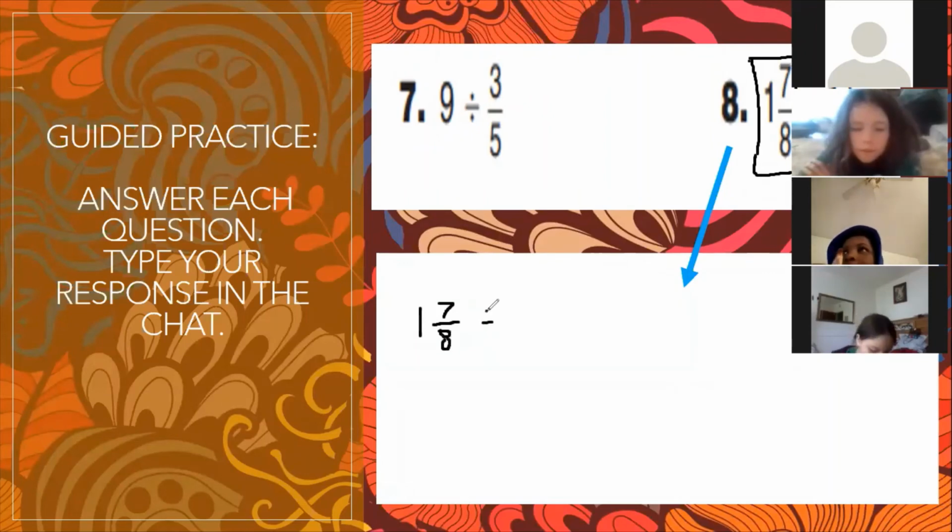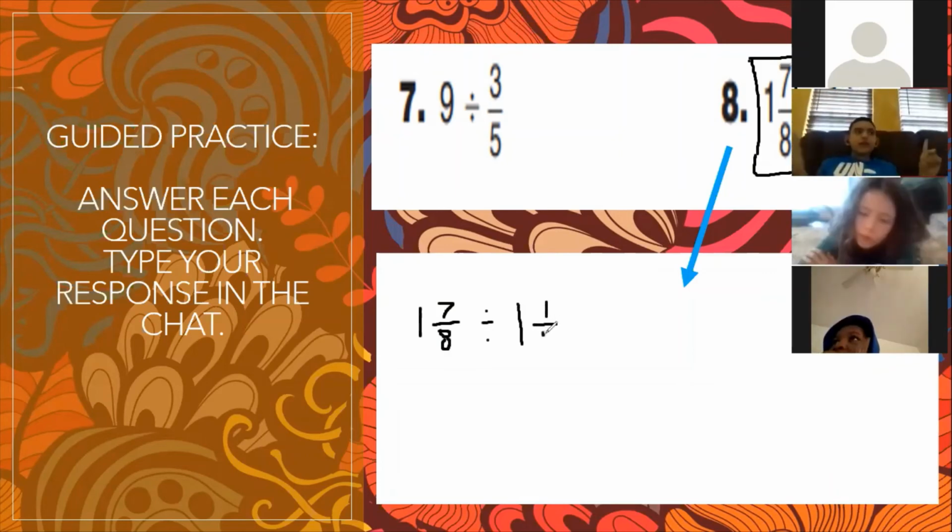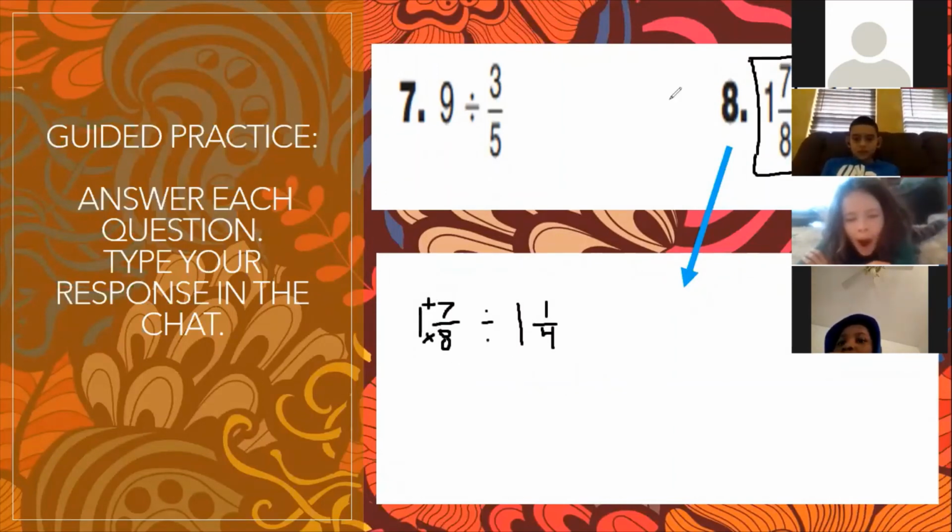We multiply the denominator and the whole number, 8 with the 1, and then plus the 7. What is 8 times 1, everybody? 8. 8 plus 7? 15. Good, so we have 15/8.